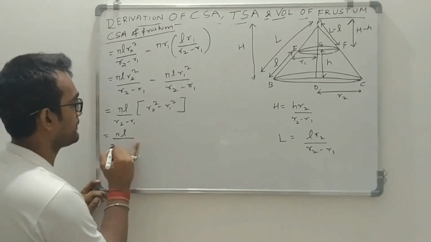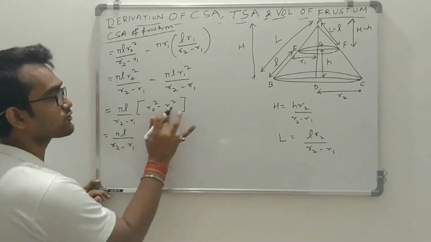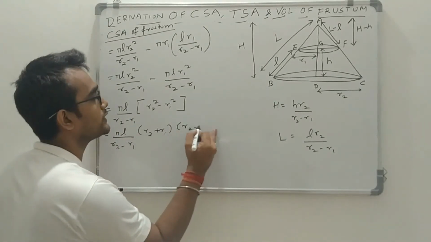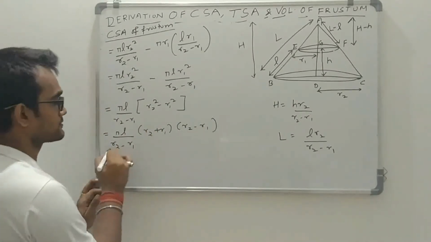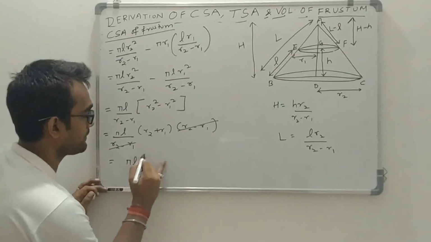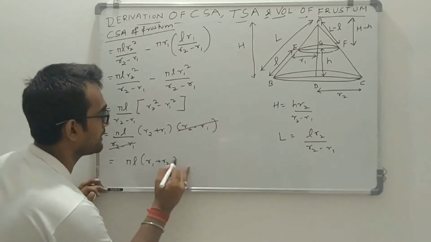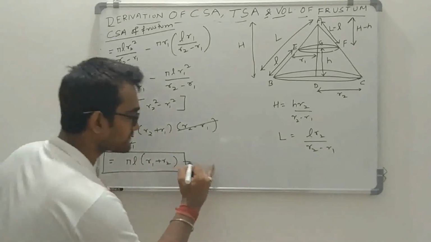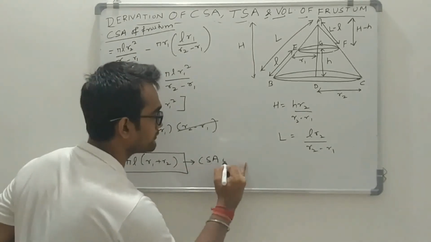So pi L upon R2 minus R1, this is A square minus B square, which is A plus B into A minus B. So these two get cancelled. And the final formula is pi L into R1 plus R2. Thus, this is the curved surface area of Frustum.